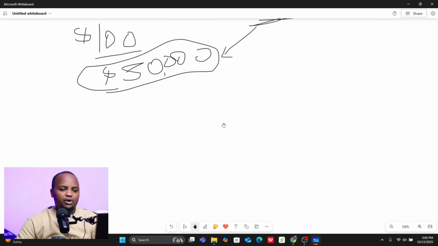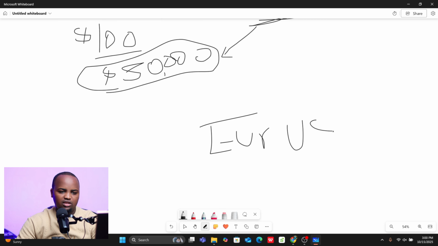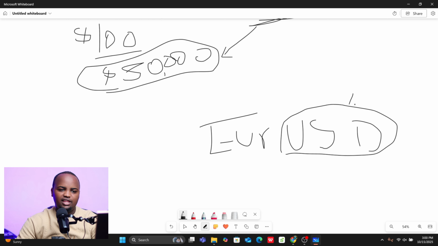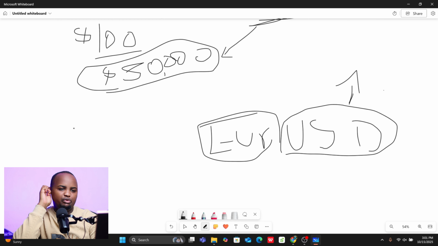Because, for example, when we have these pairs here, for example, Euro USD, okay? When you have Euro USD and gold normally increases or gains strength, the value of the gold starts moving up. So it's just a matter of numerator and denominator, okay?